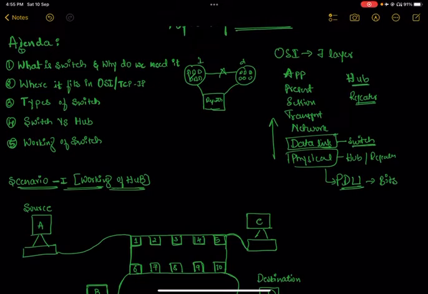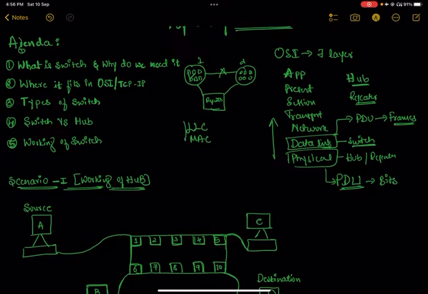And then talking about the data link layer, the PDU is frames, right? And talking more about the data link layer, guys, it is also subdivided into LLC, that is the logical link control, or the logical link layer, which should be triple L. And we also have MAC, media access control.